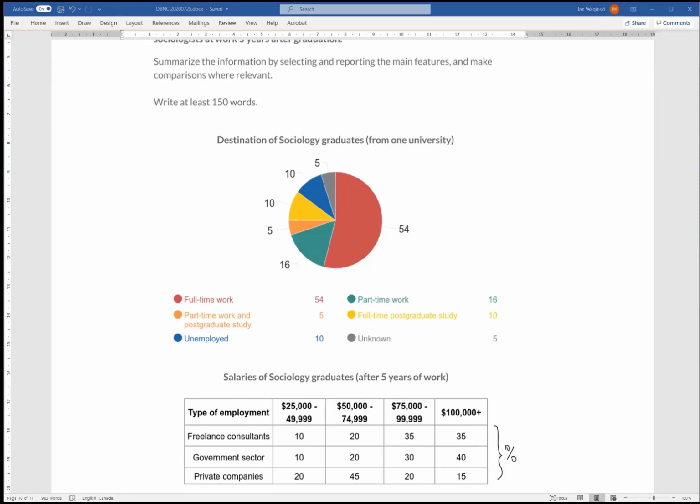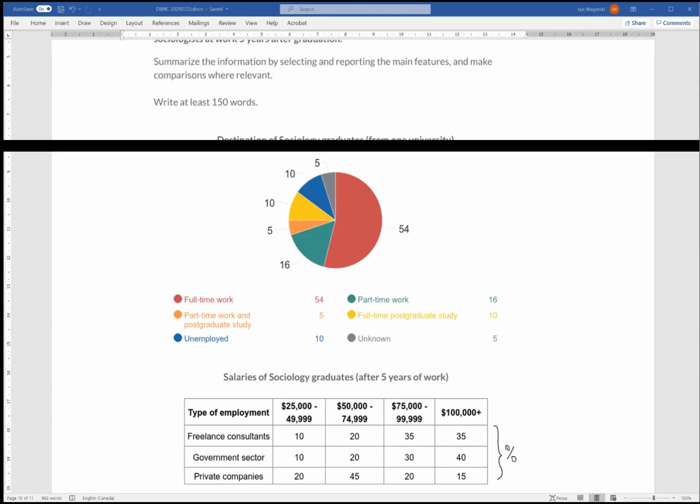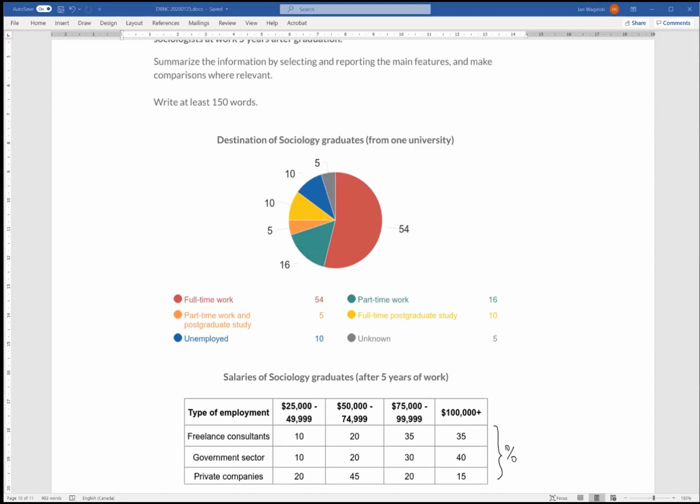As she said first, more than 50% is for full-time, and for the part-time it is a third. This 5% is people with part-time work and postgraduate study, and unknown. Actually, there is a 5% difference, so I'm not sure how to say it.